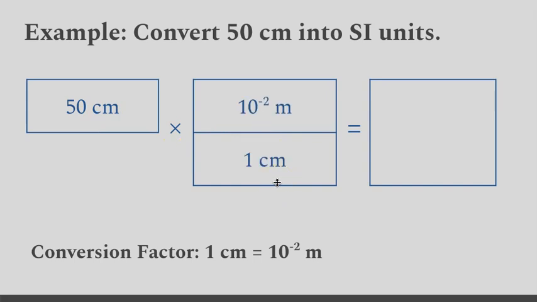And 10 to the negative 2 meters can go on top, because that's what I want to end up with. That allows me to cancel out centimeters. And so I'm left with 50 times 10 to the negative 2 divided by 1, whatever that gives me in my calculator, and I'm left with meters. 0.5 meters. That's my answer.